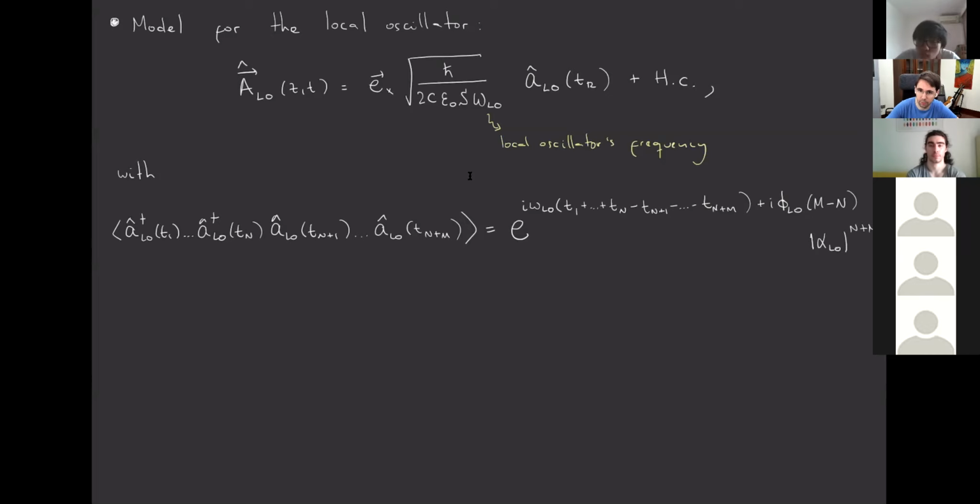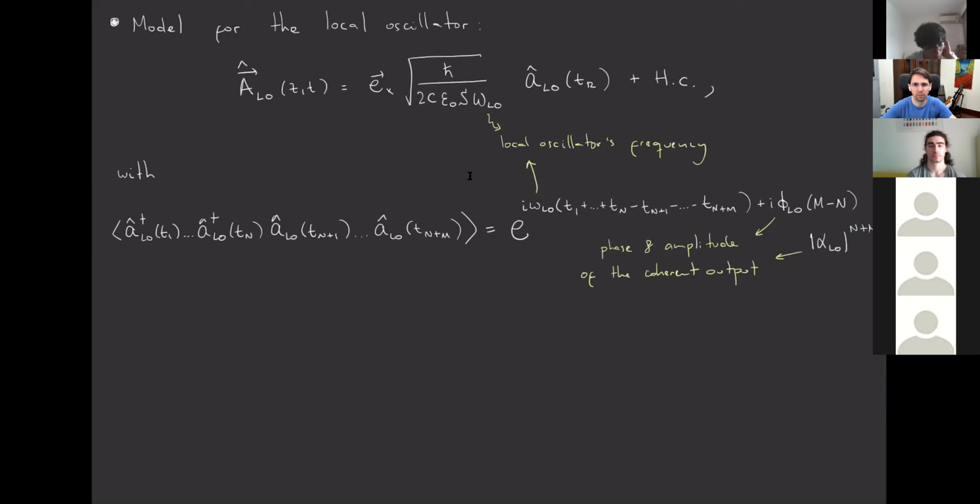So what's important is that together with this oscillator frequency, we have some phase that we can choose and some amplitude. So this is the phase and amplitude of the coherent output.